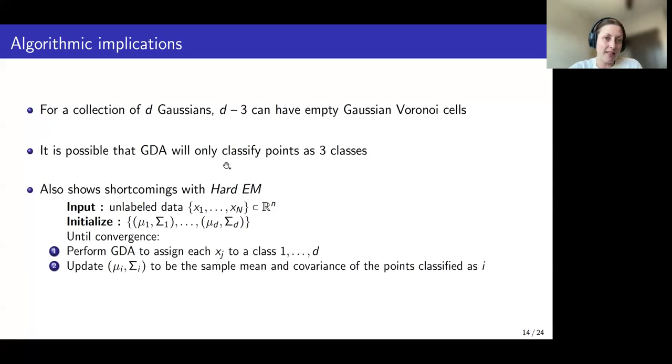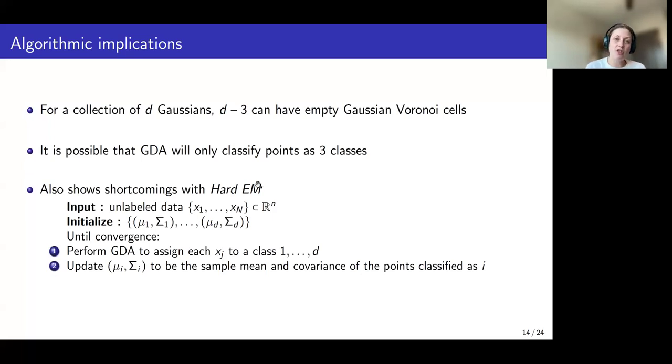And so the way this algorithm works is you initialize, hopefully somewhat intelligently, and then you perform Gaussian discriminant analysis to assign each data point to a given class. Then you update the means and covariance matrices to be the sample mean and covariance of all the points classified as class i. And then you iterate until some convergence criterion is met.